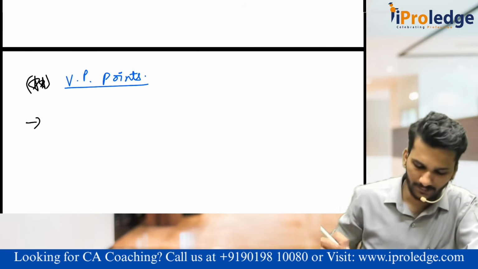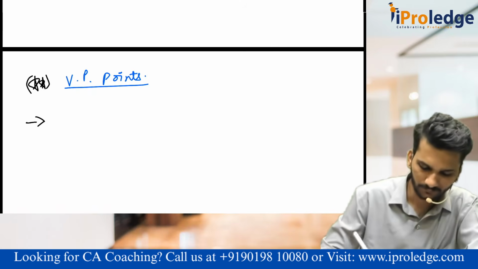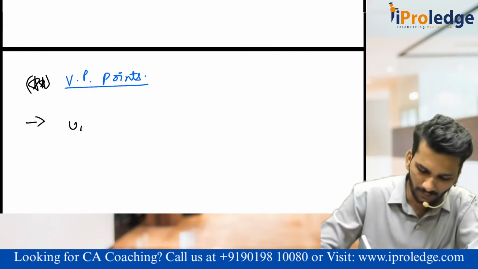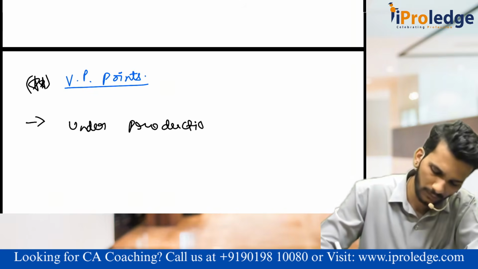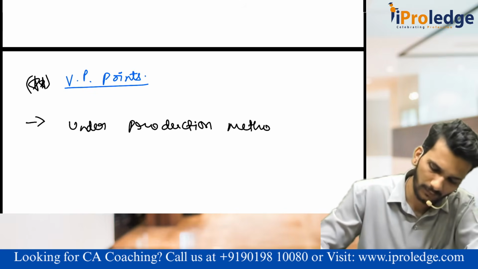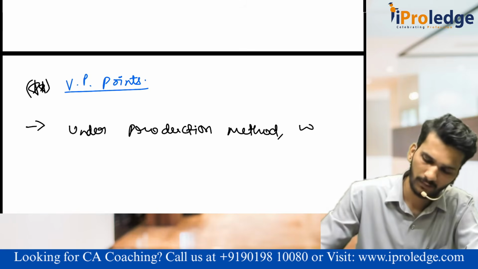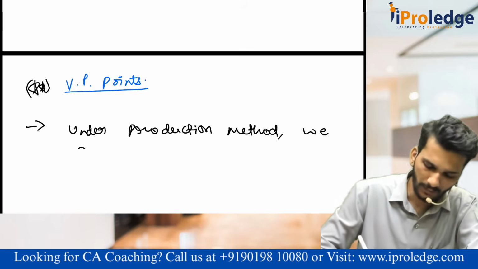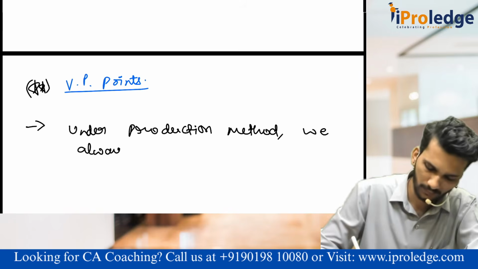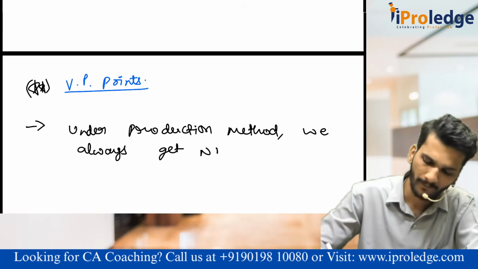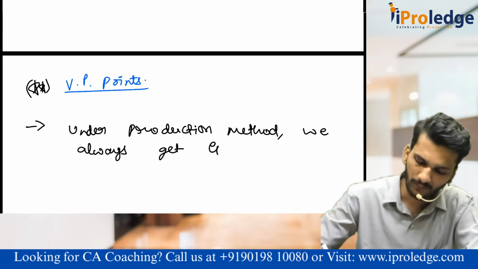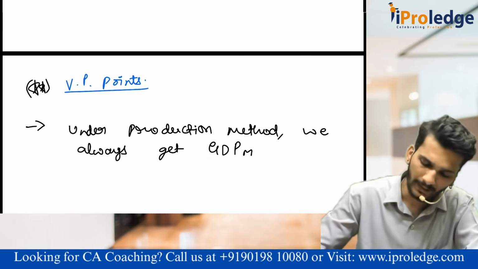First one is under the production method. In the production method, we always get GDP at MP.